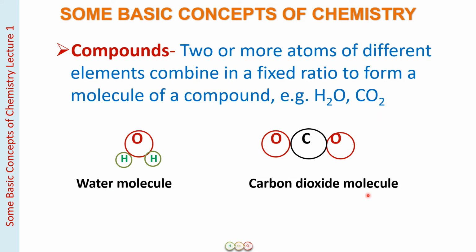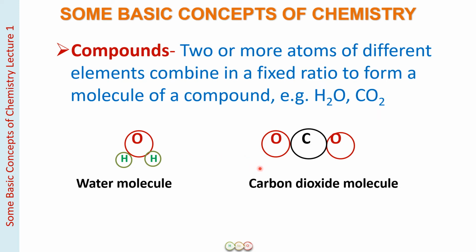Similarly, we have the carbon dioxide molecule. So carbon dioxide as a compound is going to consist of many molecules of carbon dioxide, where we have one carbon atom and two oxygen atoms. And now they are in a fixed ratio. If you change the ratio, then they may form another compound.